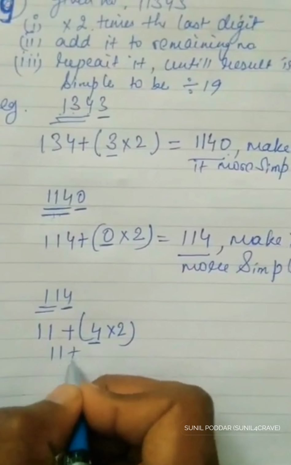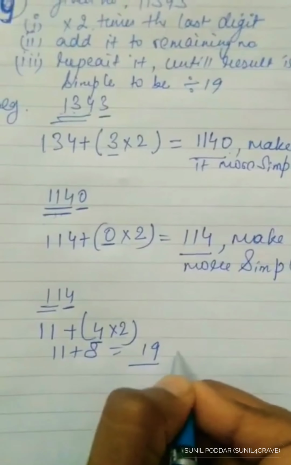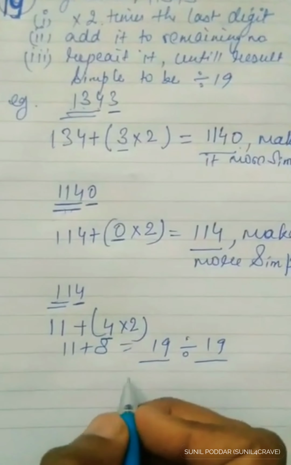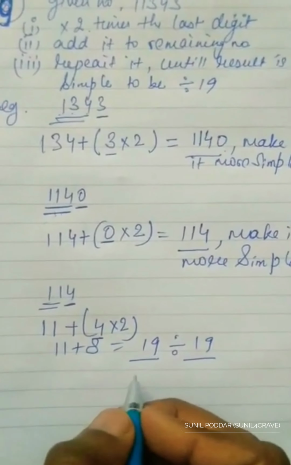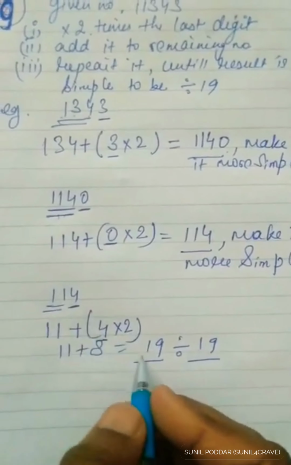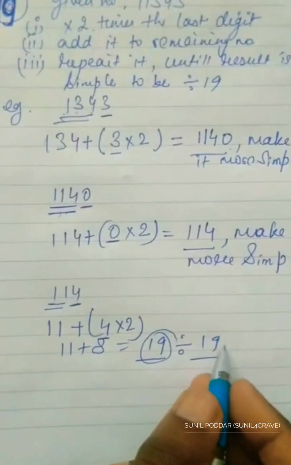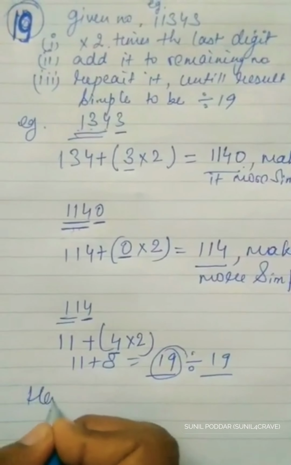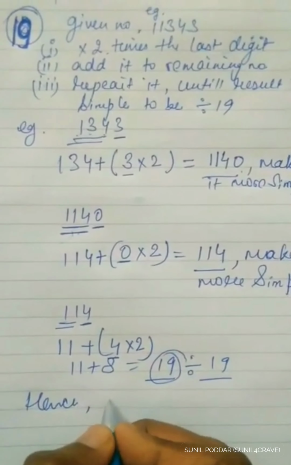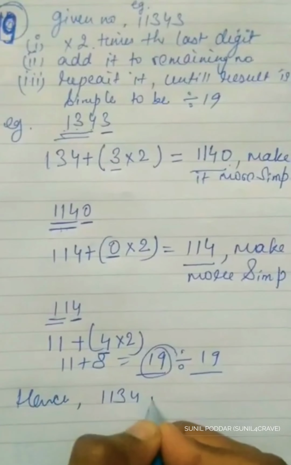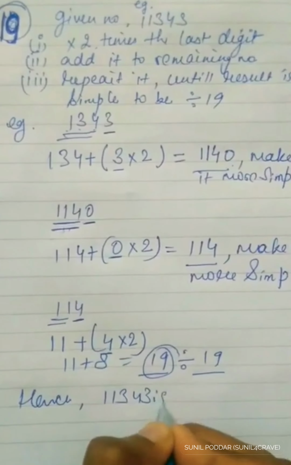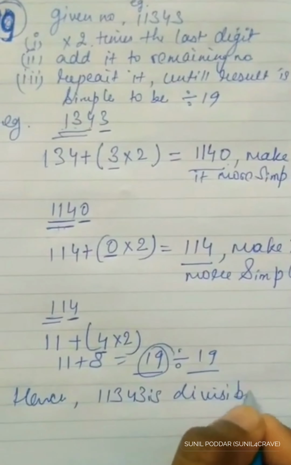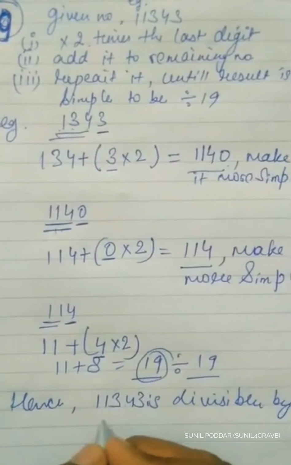So 11 plus 8 is 19, and you know 19 is divisible by 19, and it is the last and least result that is completely divisible by 19. Hence 11343 is divisible by 19.